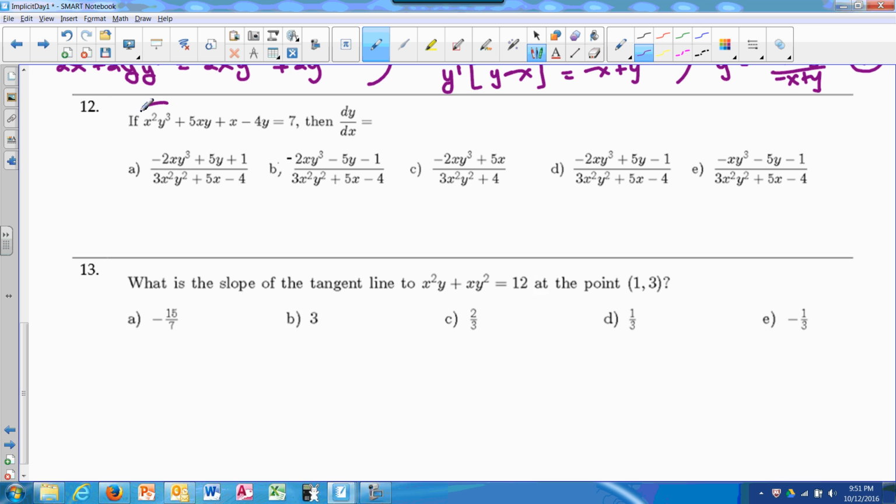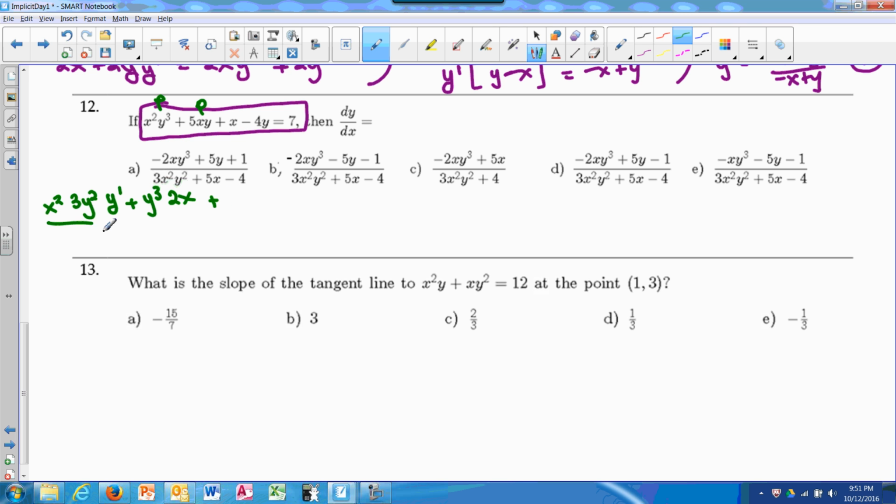Okay, I'm going to circle. Make sure I'm doing the whole thing all the way across. I'm going to label my products. Product here, product here. So I have x squared times the derivative of y cubed plus y cubed times the derivative of x squared.